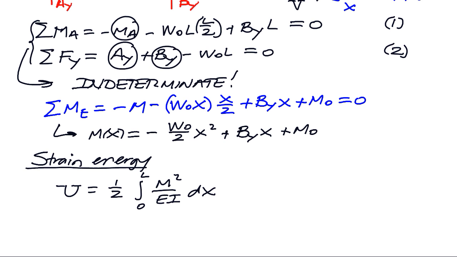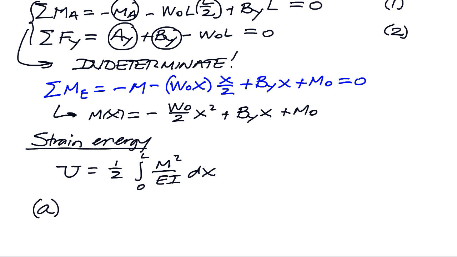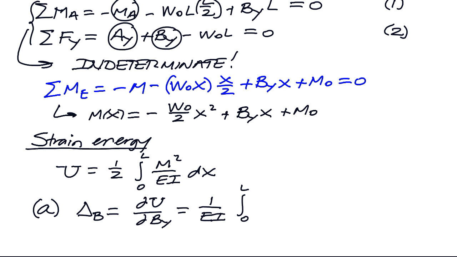So for part A, what we want to do is find the reaction at B. So the big plan is we're going to calculate the deflection at B using Castigliano. So that's going to be partial of the strain energy function with respect to BY. So that's going to be 1 over EI, integral from 0 to L, of M, partial M with respect to BY dx.